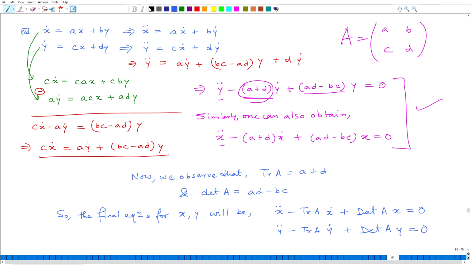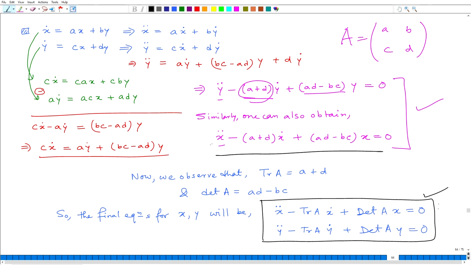You have two similar equations, one for y and one for x. This is a second order linear ordinary differential equation in x, and this is also a second order ordinary differential equation in y.